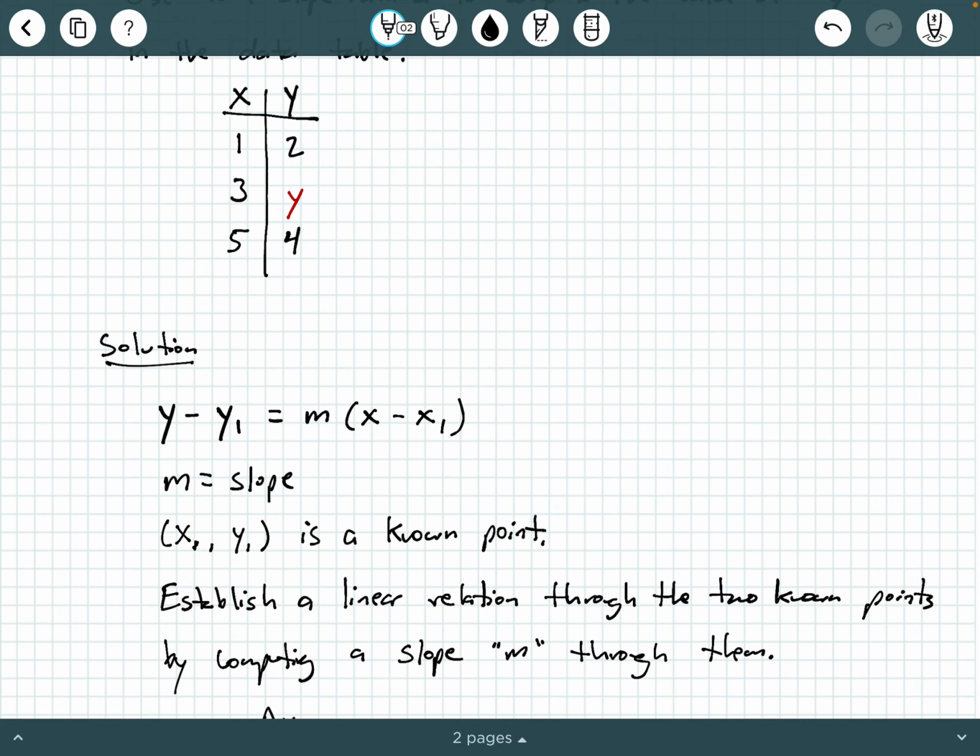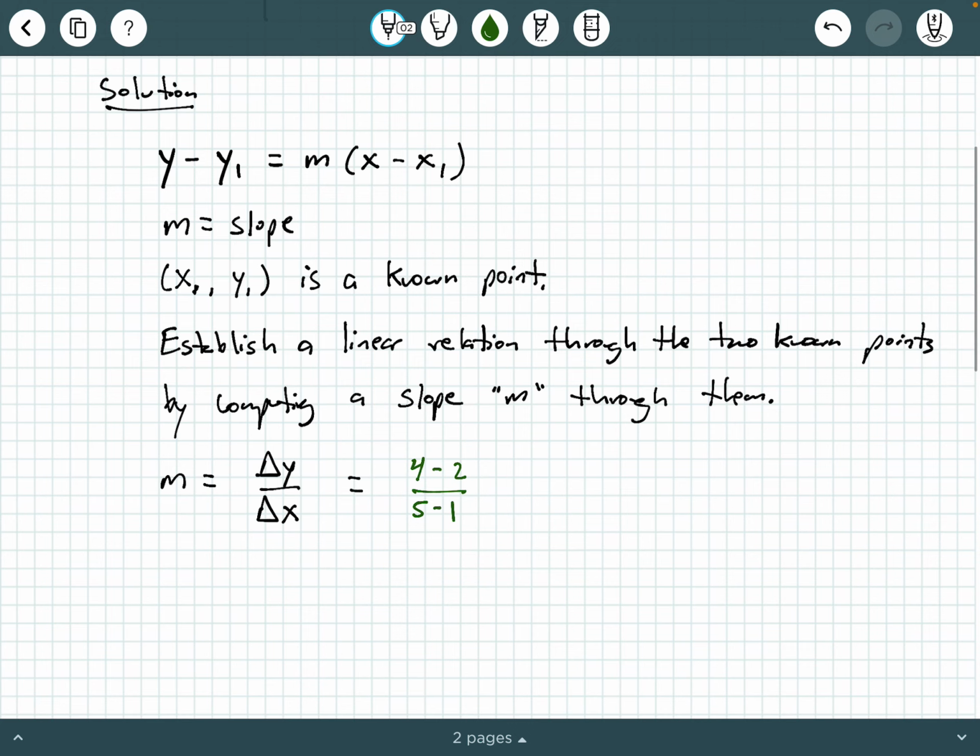It's a change in values using the known points, so delta y is 4 minus 2, divided by delta x, which is 5 minus 1. We can collapse that: 4 minus 2 is 2, 5 minus 1 is 4, so this is clearly 1/2.